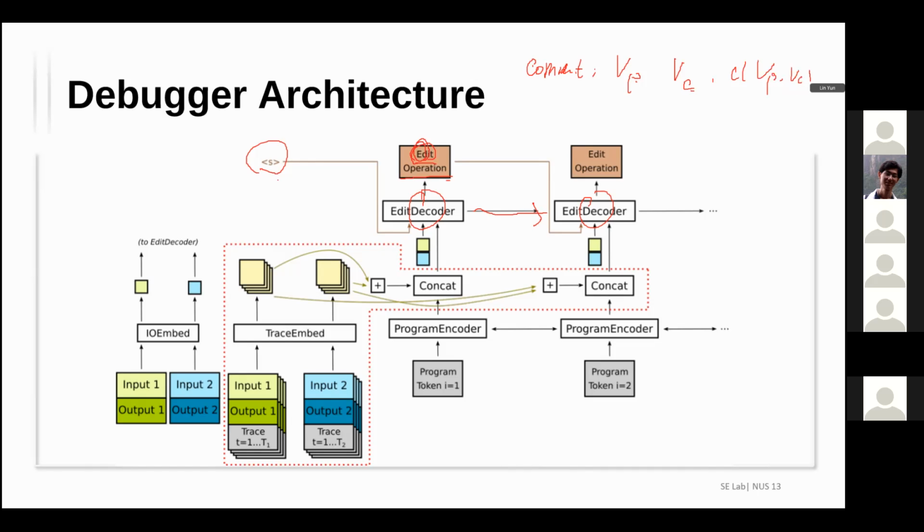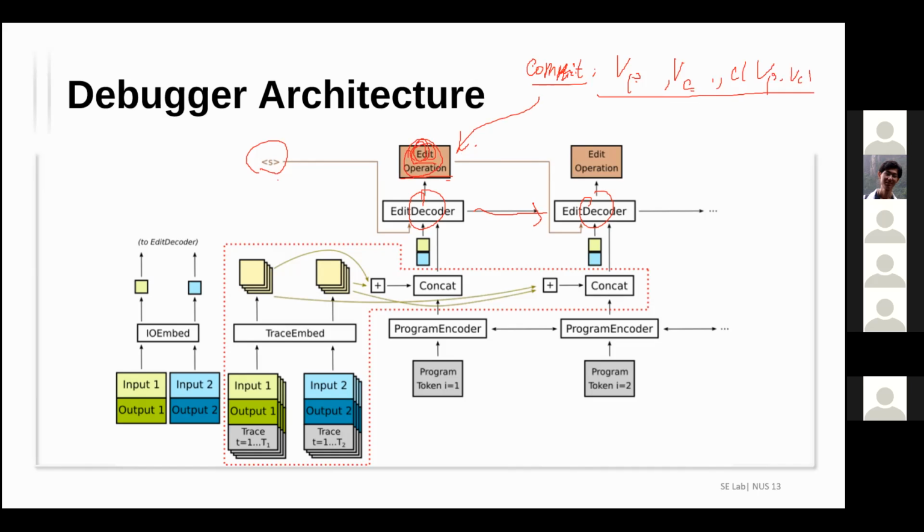All these three components consist of a commit, and a commit is basically an edit. So when we're talking about an edit operation, we usually talk about what the program is before the editing, what the program is after editing, and where we need to apply the editing on the original program.